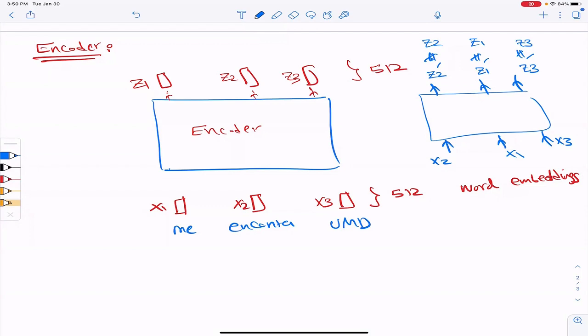But the architectures that we have don't have this property. They don't have an understanding of the position of the tokens. It's similar to what you have in feed-forward networks: you can permute the inputs and the order really doesn't matter.